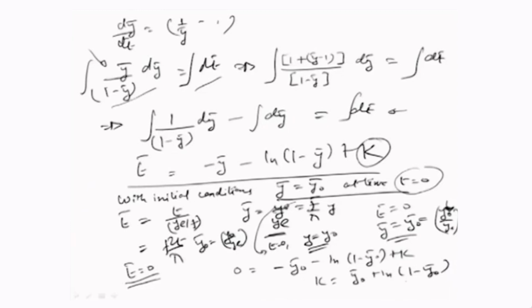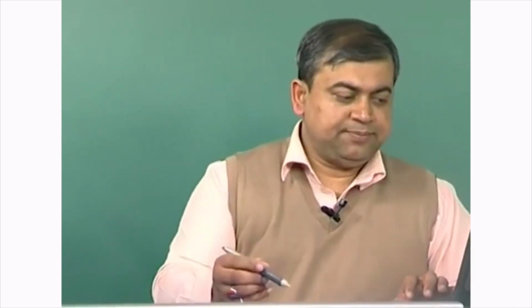So, that is what the value of k is, and if we substitute this value of k back into the equation in question, then the formulation that we would finally have would be of the type t dash equal to minus y dash minus ln 1 minus y dash plus the k value, which is y0 dash plus ln 1 minus y0 dash.